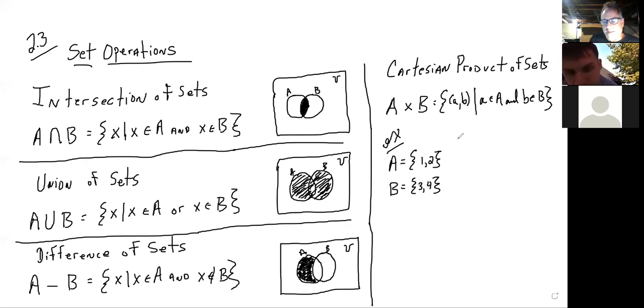If I said find A cross B for these two sets, there would be 4 ordered pairs: 1, 3; 2, 3; down here, 1, 4; and 2, 4.